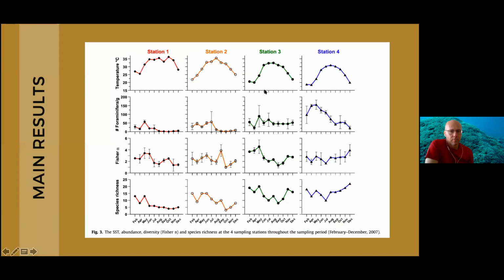So here we see some results, and we can see that, as I mentioned, the sea surface temperature is the factor that varied the most. You can see here, these are the months. In the summer, the difference in temperature was lower between the stations than in the winter.